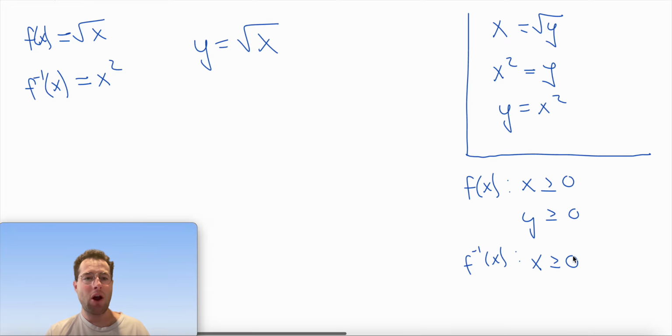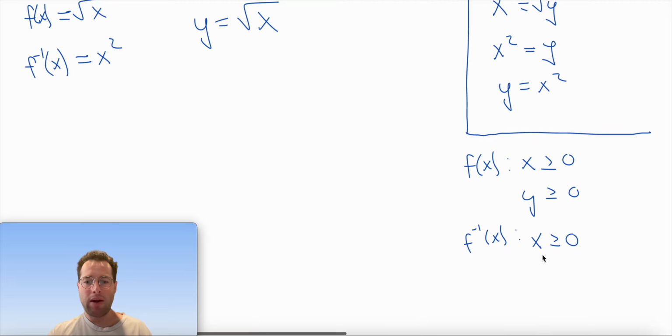And so I guess you could say it's a modification on the inverse function, because typically we would say that x can be all real values, but we're restricting it because of the range of our original function given here. Okay, so now we have the domain here.